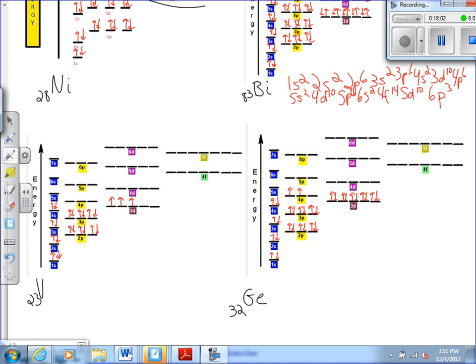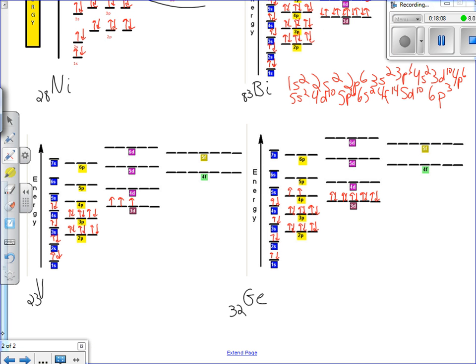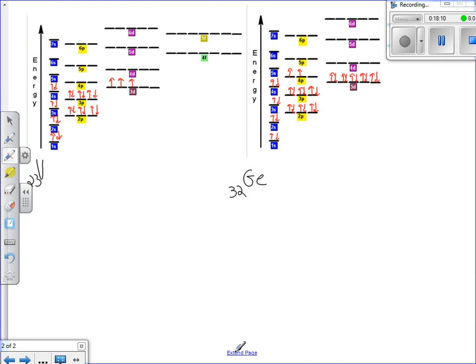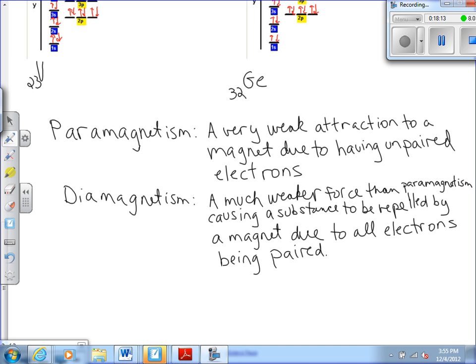So now we're going to get into a couple more definitions. There's something called paramagnetism and diamagnetism. I'll write those down. So 2 new terms, paramagnetism, diamagnetism. Paramagnetism, very weak attraction to a magnet due to having unpaired electrons.